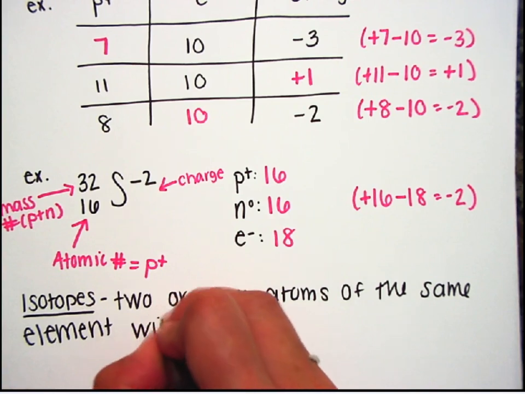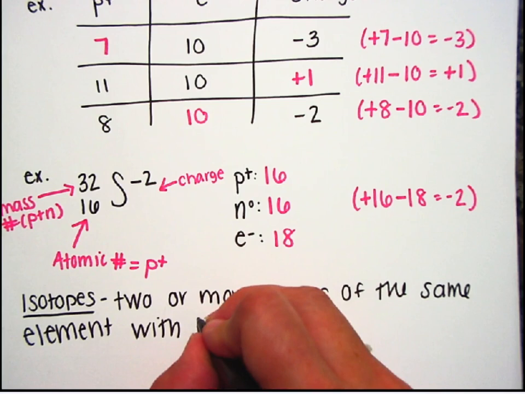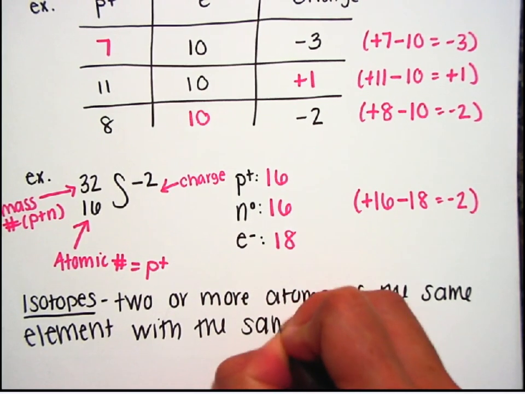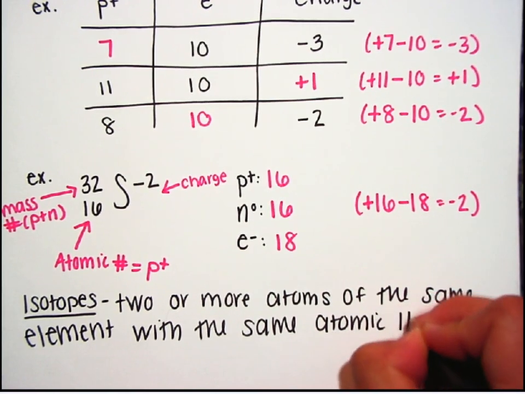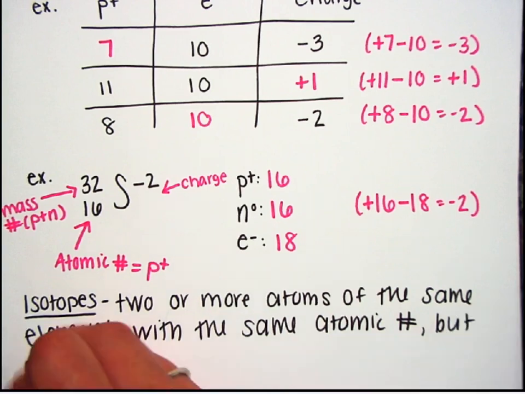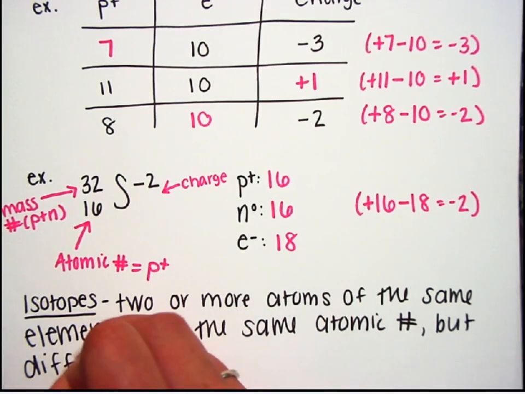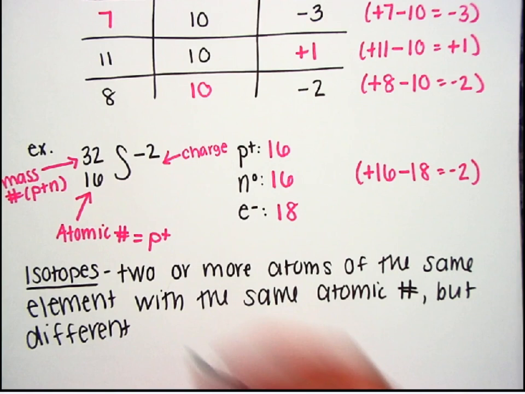If they're the same element, it means they have the same atomic number. But different mass numbers.